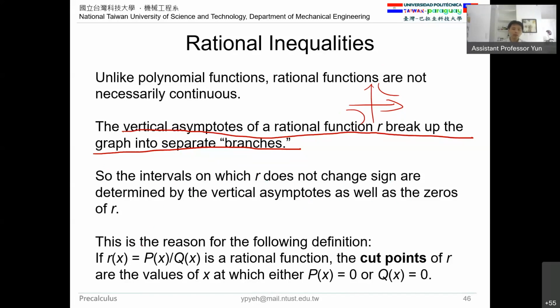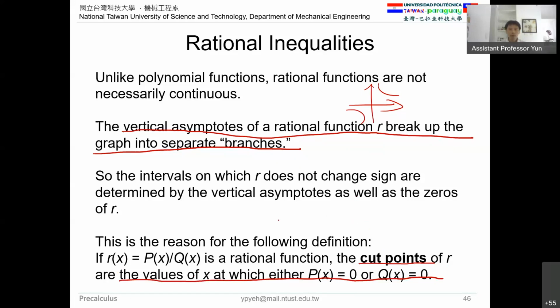And this is the reason for the following definition: if r of x equal to p of x divided by q of x is the rational function, the cut points will be at these vertical asymptotes, where the cut points of r are the values of x at which either p of x equal to 0 or q of x equal to 0 here.